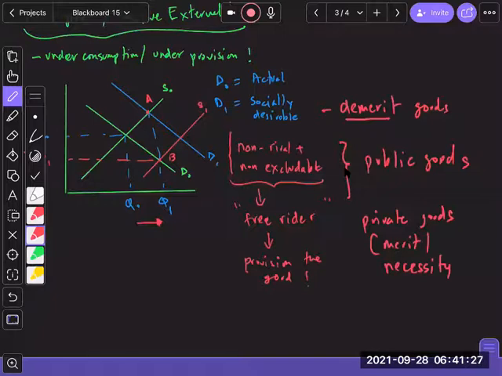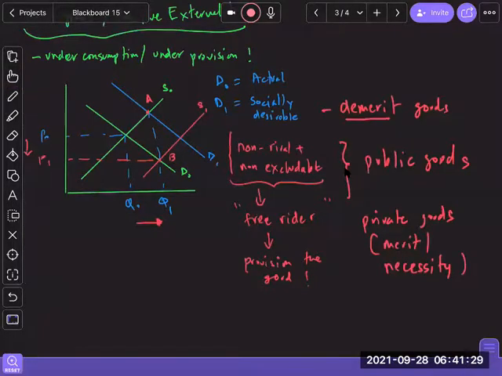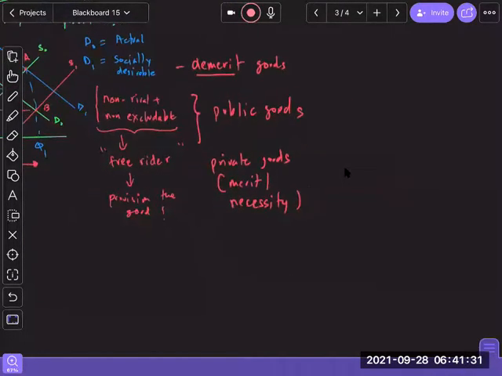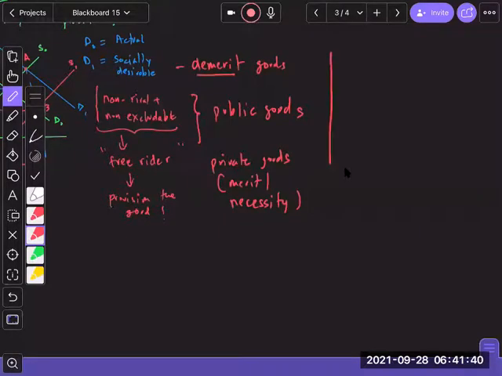In the case of necessity, you can give a subsidy also to make goods affordable on the grounds of making poor people benefit from it. So you can give it on merit goods and necessity, but not to public goods or demerit goods and so on.